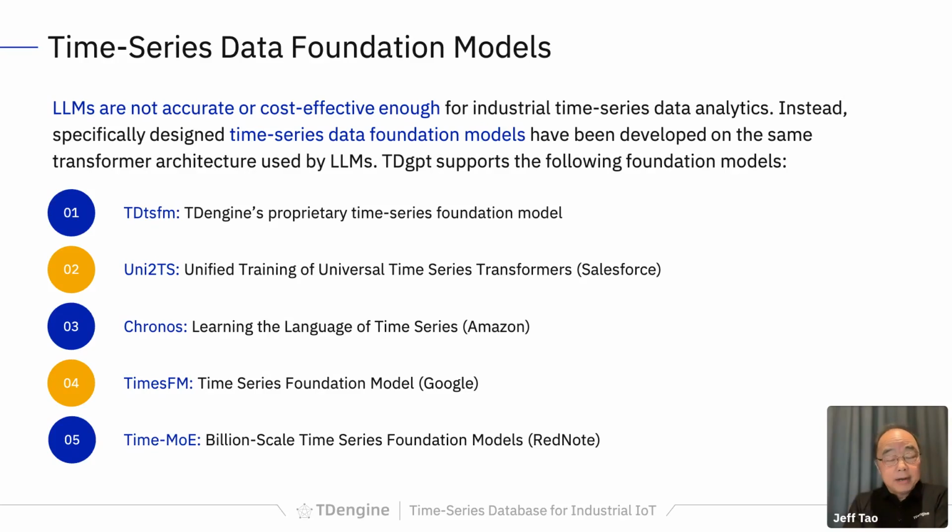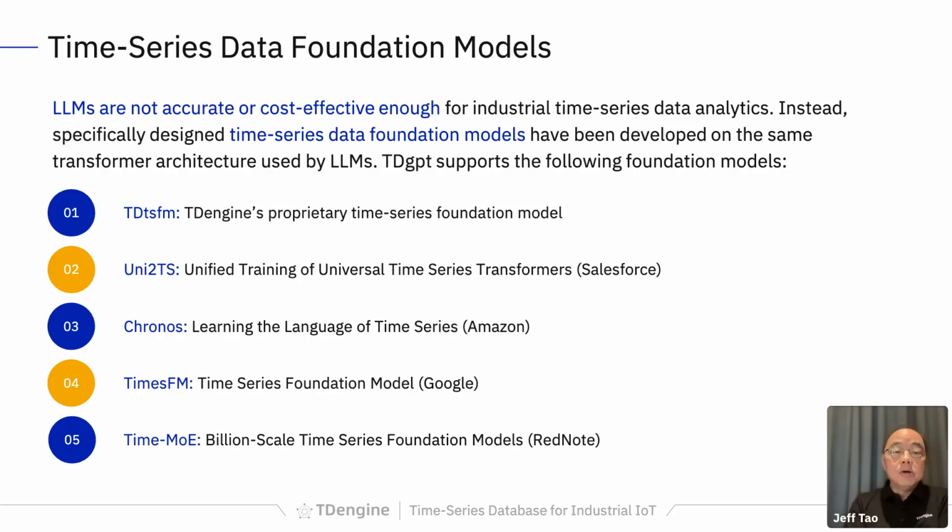This one is not good enough. It cannot compete with Amazon or Salesforce. But some people use it, so we still integrate the Google one with TDgpt. I would recommend this one, Time-MoE, from Red Load and Princeton University. The research team from Princeton and the research team from Red Load provide a very, very good time series foundation model.